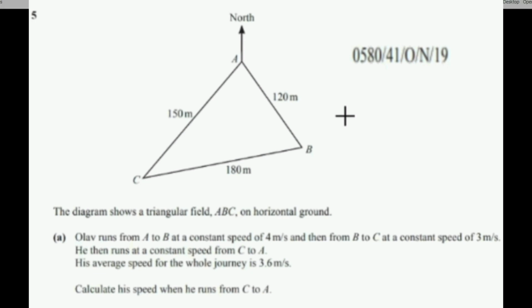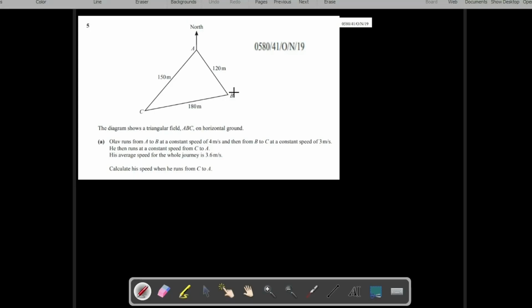This is nothing related to the first question, nothing related to trigonometry. It's simple speed and distance.